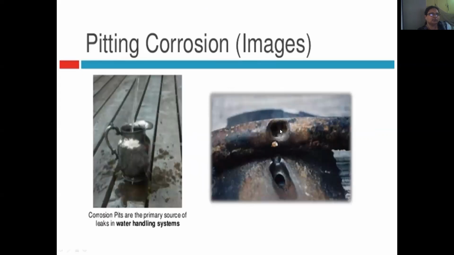So these are the pits or holes which are formed on the metals. Corrosion pits are the primary source of leaks in water handling systems. Here we have shown a jug of water, so pits can be formed in this.